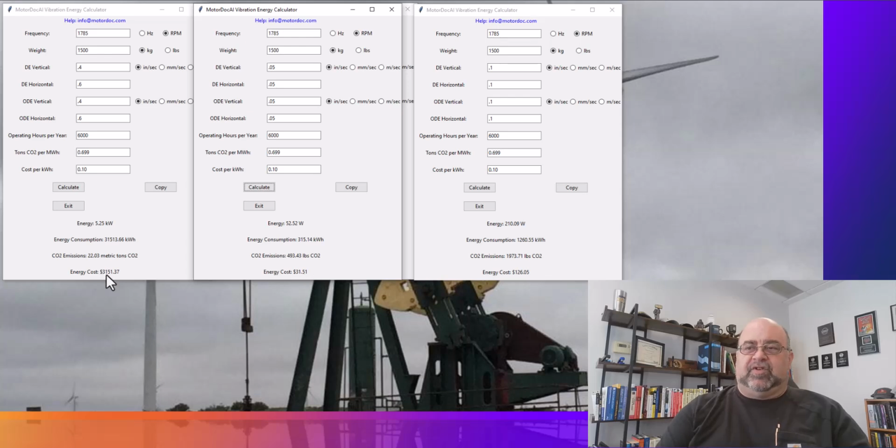So I save 1/100th. Okay, I reduced the cost to 1% of the original, down to $31 versus that unbalanced costing me $3,100.